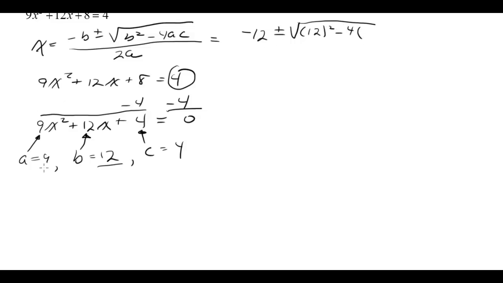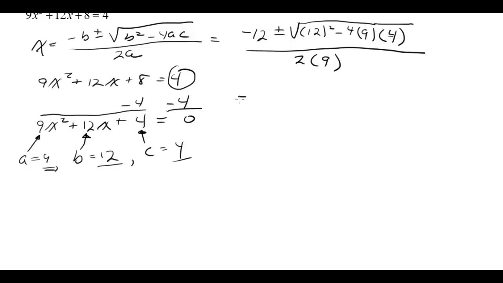What's a? 9. That's 9, not an a. What's c? Sorry, what is c? c is 4. And this whole mess goes over 2 times a, and a, we already knew, is 9.